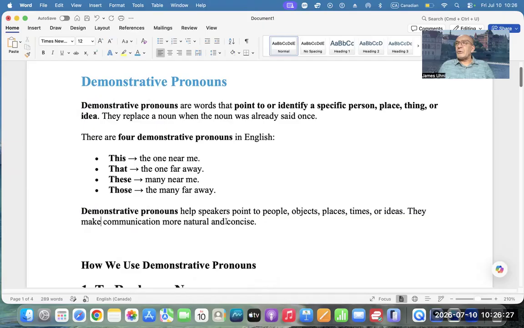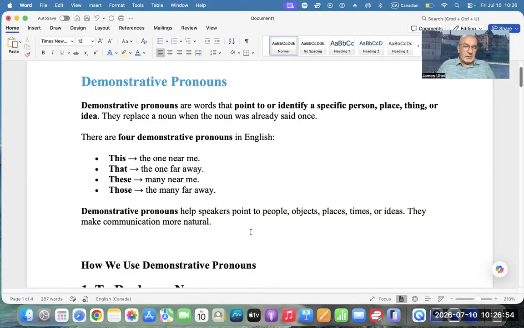Concise, what does it mean, concise? Better to understand. So I will just take the concise away because it's a difficult word for you to understand. You will learn that in later years. So, demonstrative pronouns help speakers point to people, objects, places, times, or ideas.